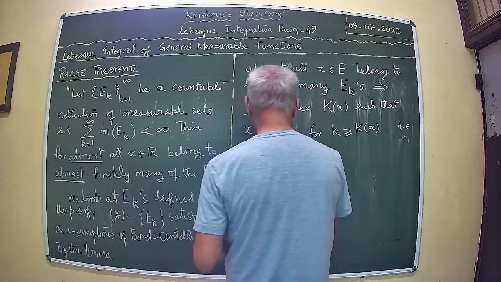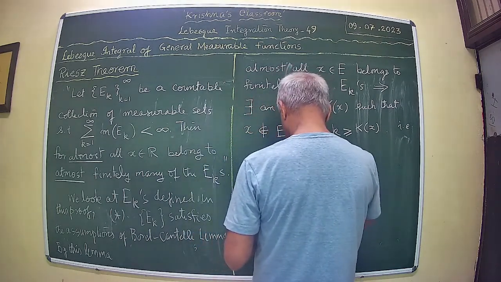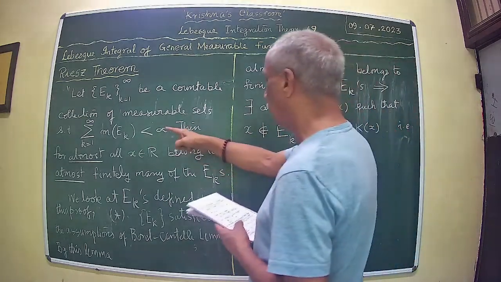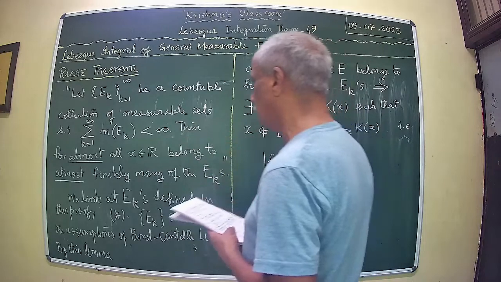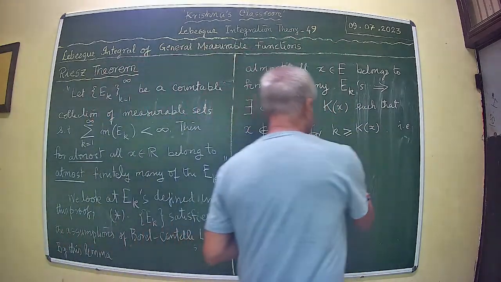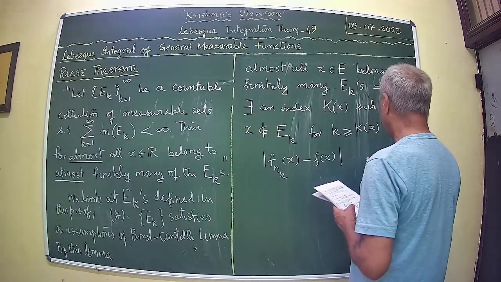Look at the definition of Ek: we are writing |f_nk(x) - f(x)| greater than or equal to 1 by k.